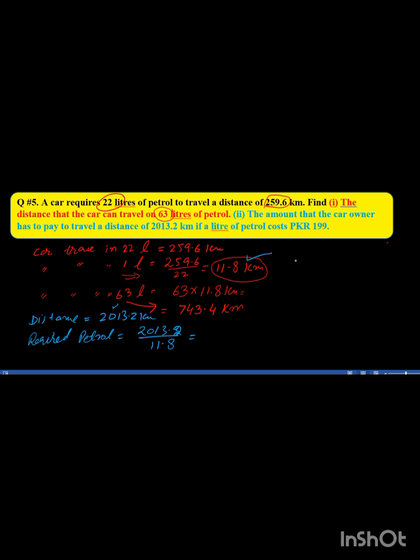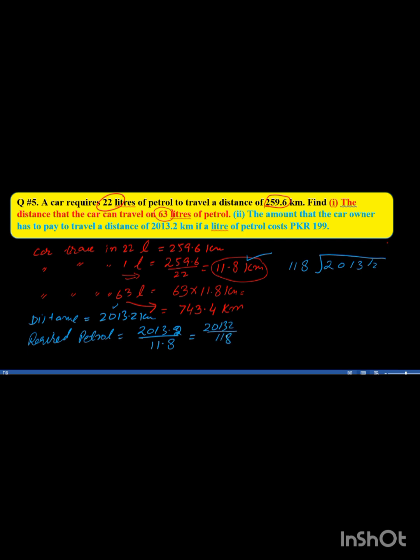So again we have to divide 2013.2 by 11.8. The points will cancel because both have one digit after the decimal, so we get 20132 divided by 118.